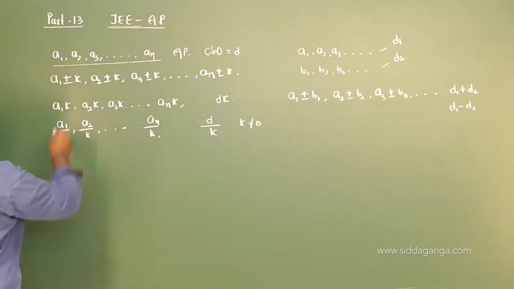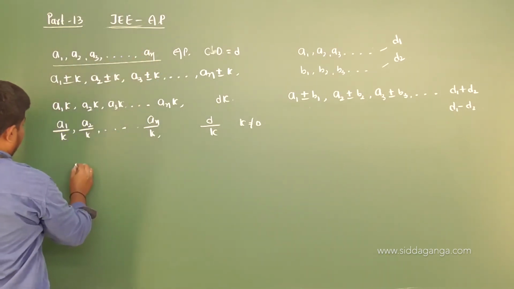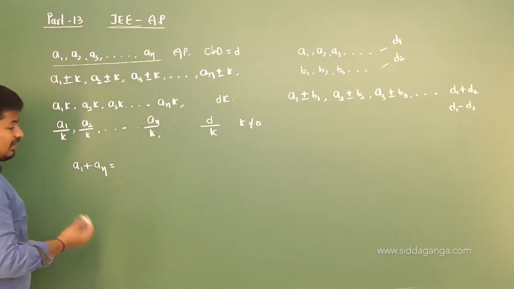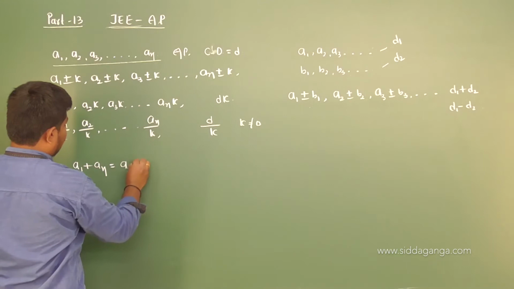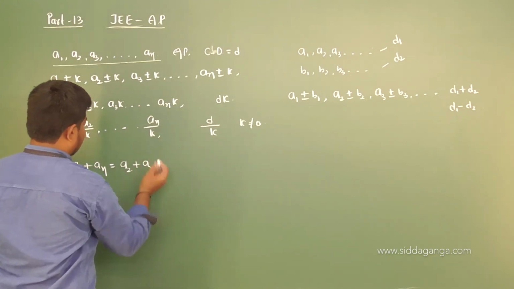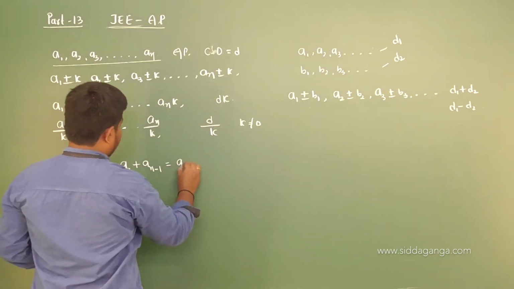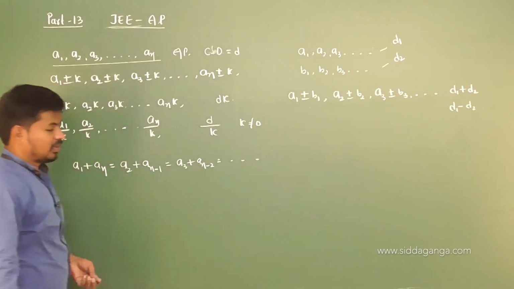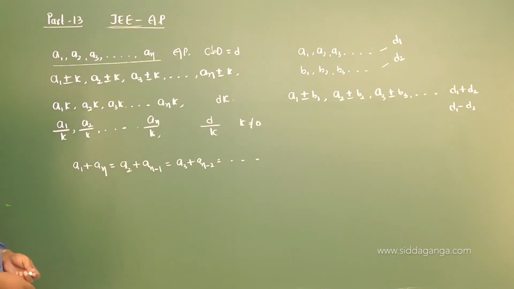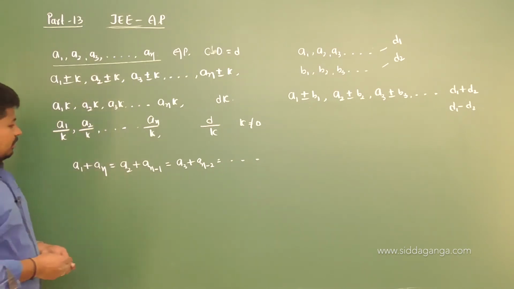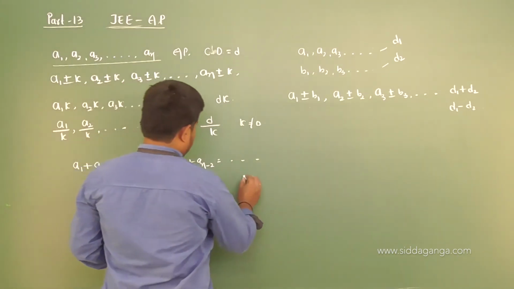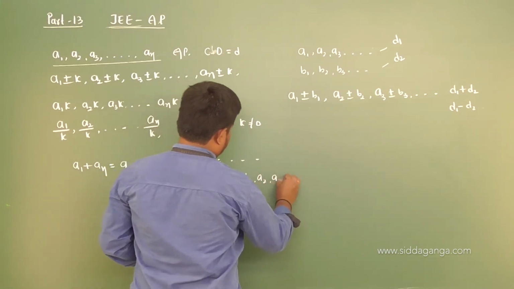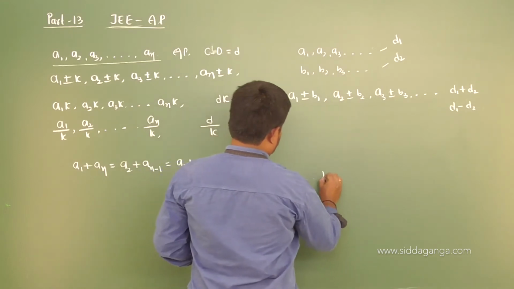In this case, we have A1 plus AN is always equal to A2 plus A(N minus 1), and it is always equal to A3 plus A(N minus 2), and so on. This is true for any arithmetic progression. For example, if I have A1, A2, A3 and so on, A10.